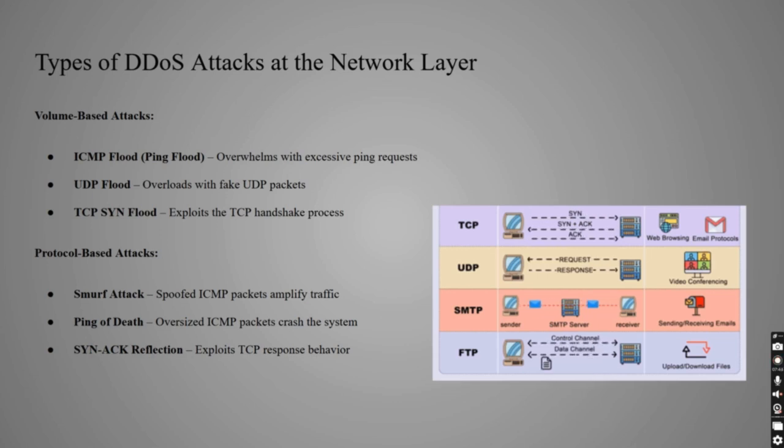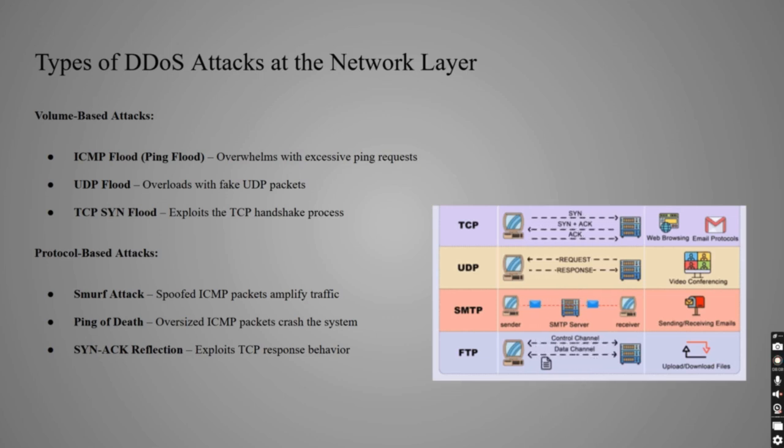For example, imagine a call center receiving thousands of fake calls at once, making it impossible for real customers to get through. This is similar to a volume based attack, where an attacker floods a network with excessive traffic like ICMP, UDP, or SYN floods to block real users.